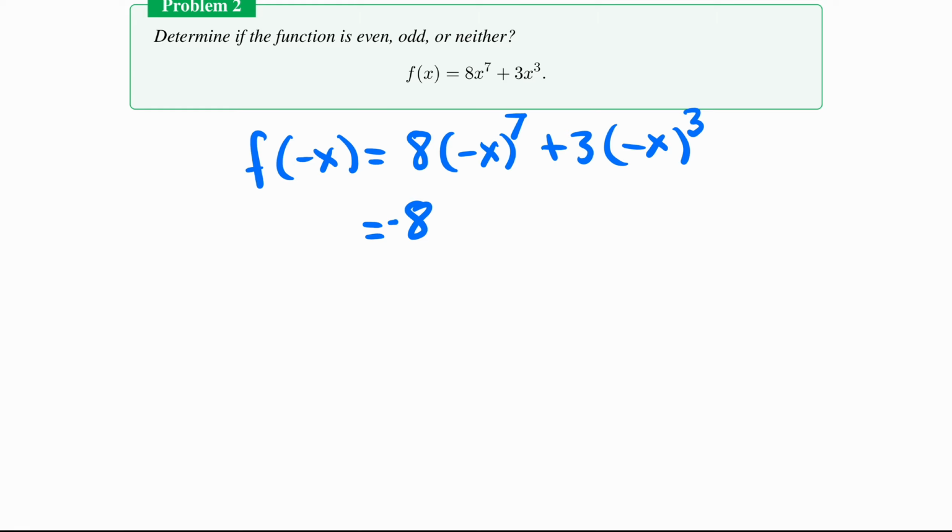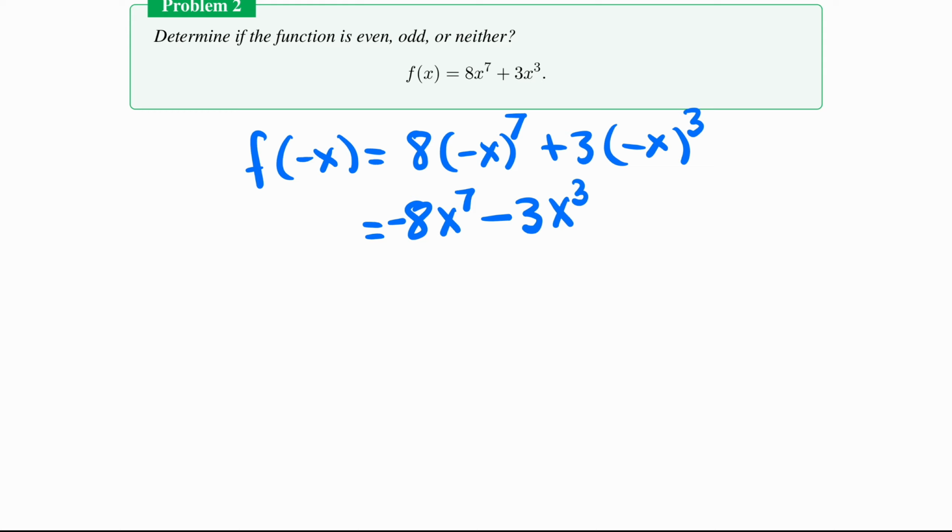So then we have negative 8x to the 7. Okay, let's keep going. So we have plus 3, and now we're raising this piece to an odd power, so the negative is going to come on the outside. So instead of plus 3, we're going to have minus 3x to the 3.